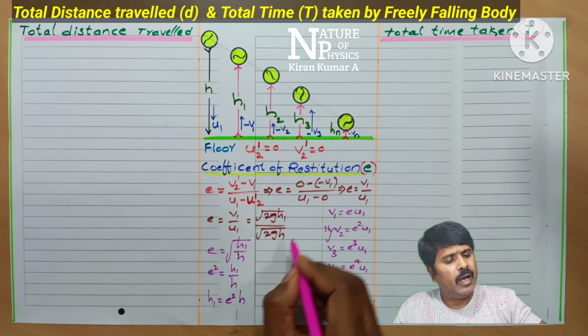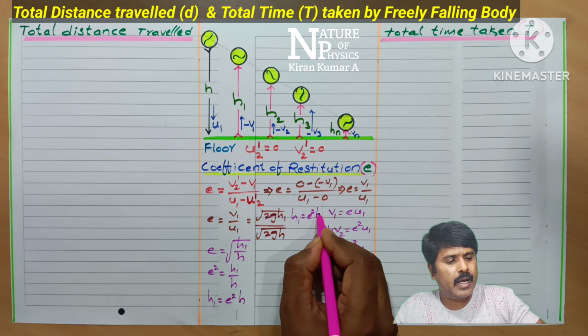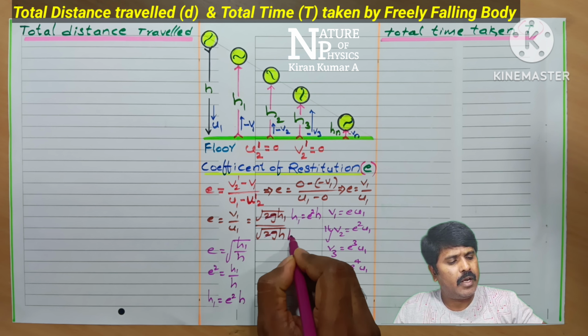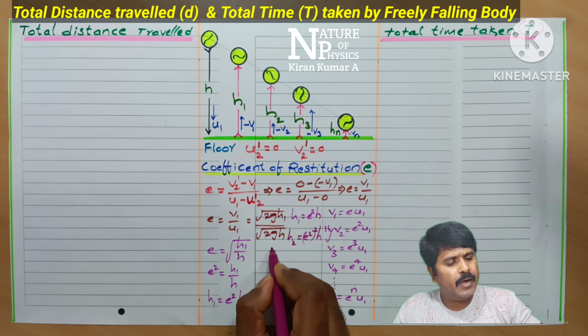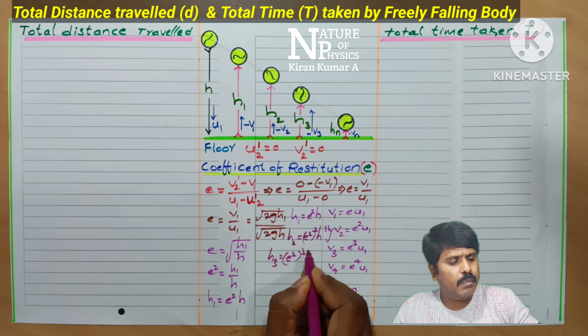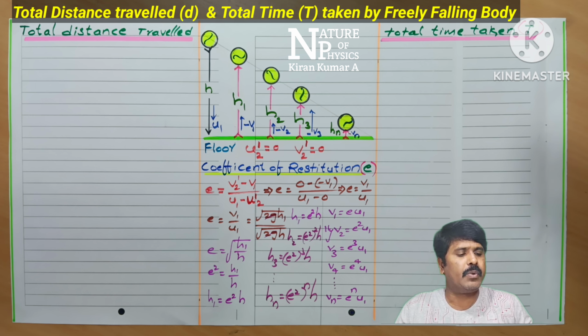So h1 is equal to E square h, and in the continuation step, h2 is equal to E square whole square h, h3 is equal to E square whole cube h, and so on, we can write hn equal to E square whole to the power of n into h.